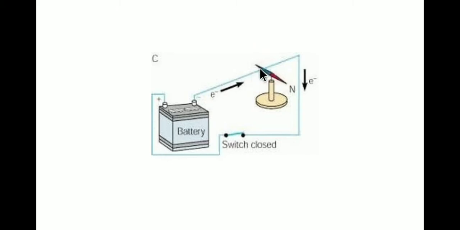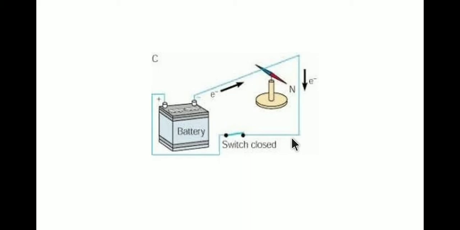We observe that the magnetic needle also deflects in the opposite direction. Previously, the north was pointing in that direction, and now when the current direction is reversed, the needle points towards the opposite direction. This is because of the magnetic field generated by the electric current.